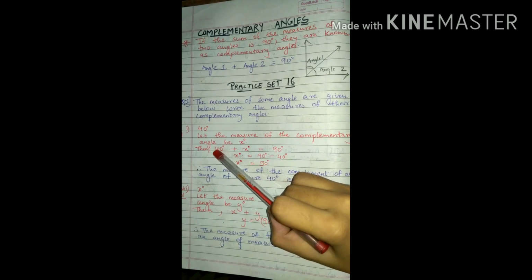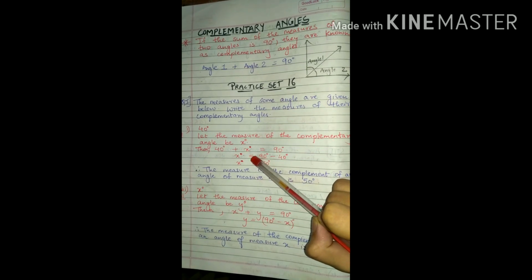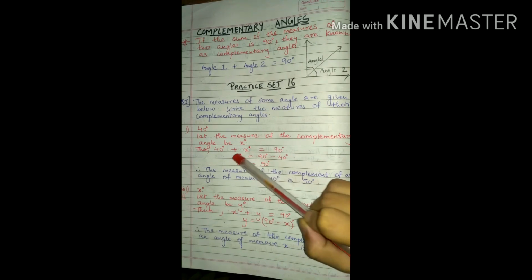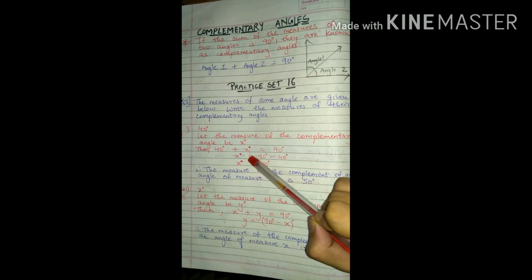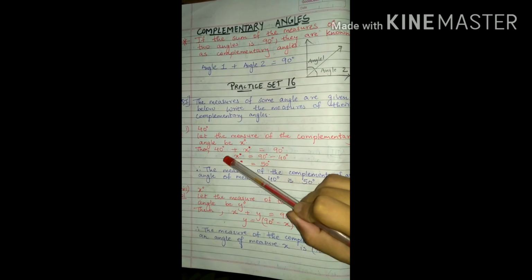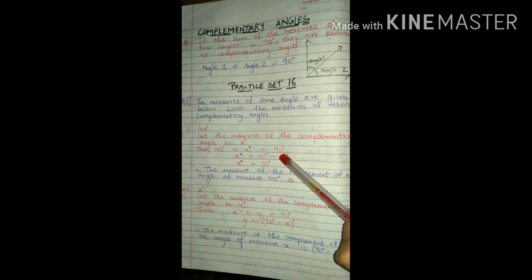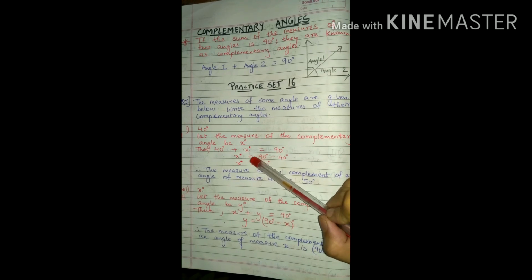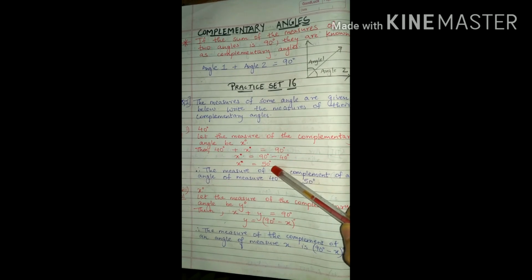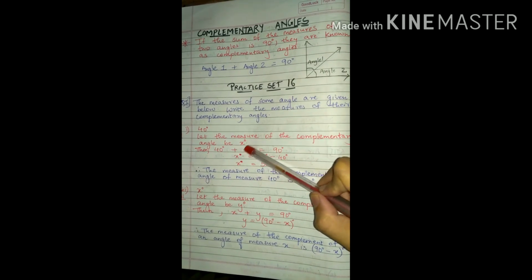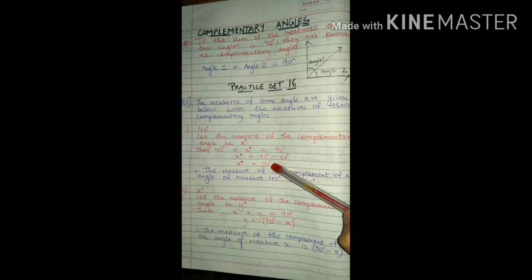So the plus sign going to the other side of the equals becomes minus 40. The sign changes when it goes to the other side of equals. So 90 degrees minus 40 degrees is 50 degrees. Means the x we have taken measures 50 degrees.